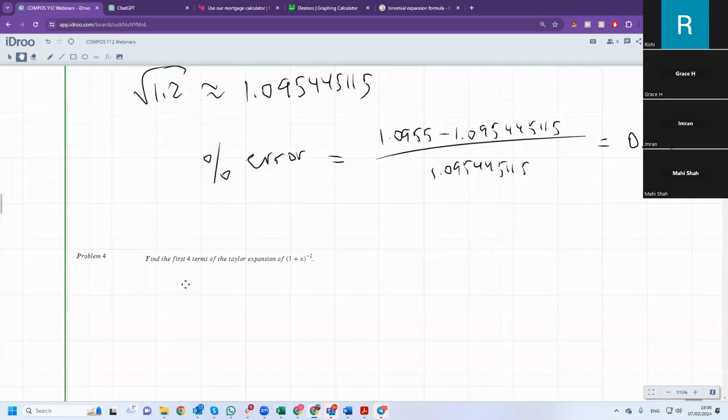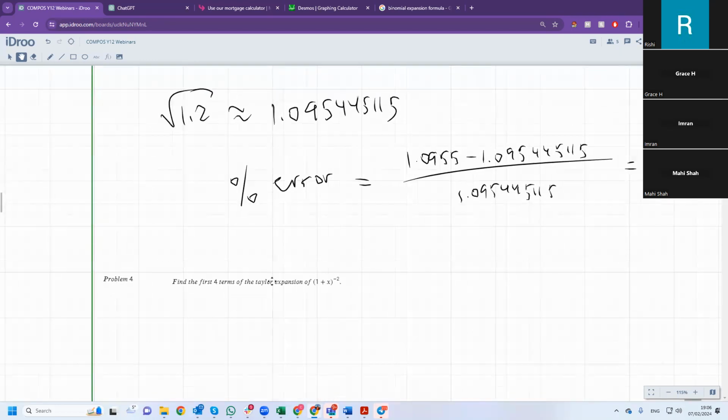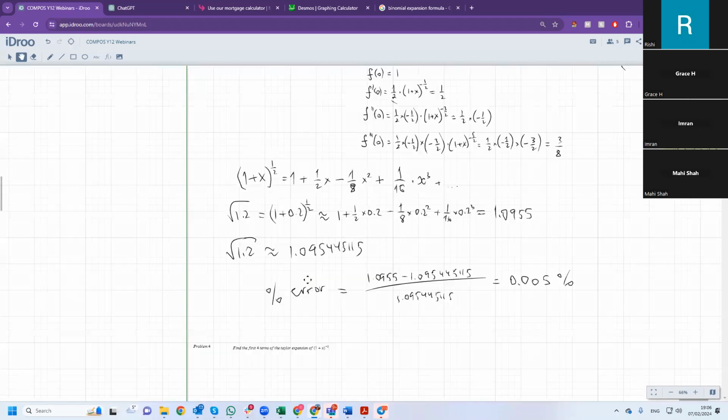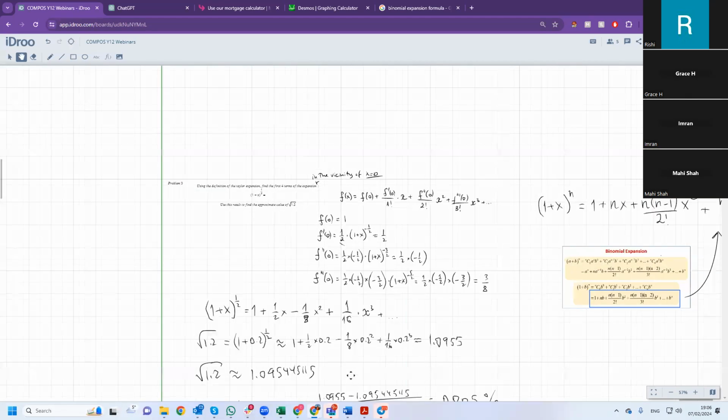Okay, these are the first four terms of the same thing. It's the same problem. You can actually use the binomial expansion formula here. And actually, one of the questions in the assignment is to prove the binomial expansion.